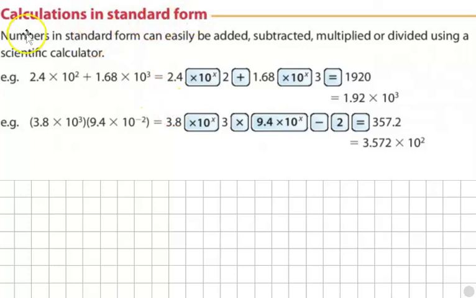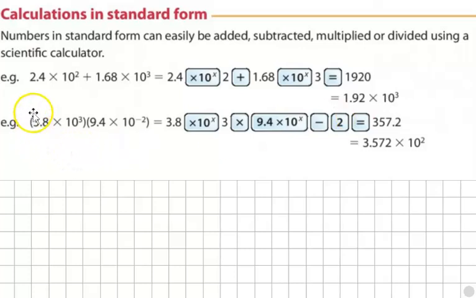Calculations in standard form. Numbers in standard form can easily be added, subtracted, multiplied, or divided using a scientific calculator. So for example, 2.4 times 10 to the power 2 plus 1.68 times 10 to the power 3. You key into your calculator 2.4 x 10x 2 plus 1.68 x 10x 3 equals, and you'll get 1920, which you can rewrite into standard form as 1.92 times 10 to the power 3.